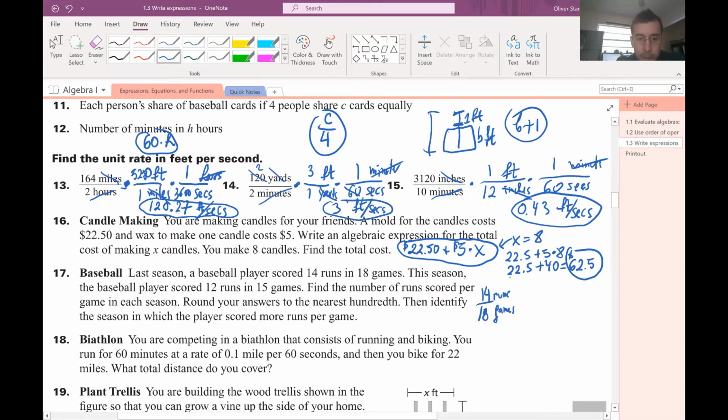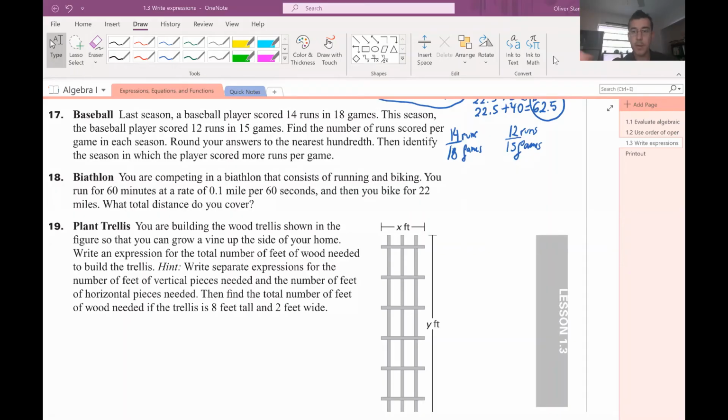Okay. This season, the baseball player scored 12 runs in 15 games. Okay, then 14 over 18.